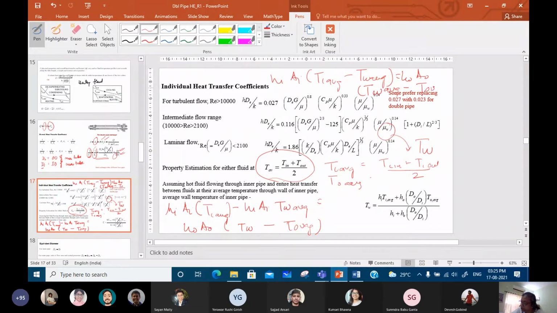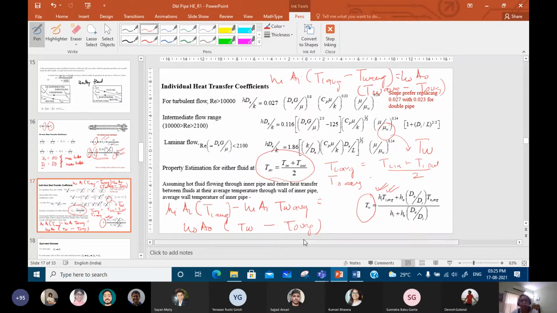If you solve it out, you can get TW in terms of HI, Ti average, DO, DI, TO average, HO, etc. So in order to calculate TW also, you need to know DO, DI, HI, HO, etc. Therefore, here also there is an iterative procedure.